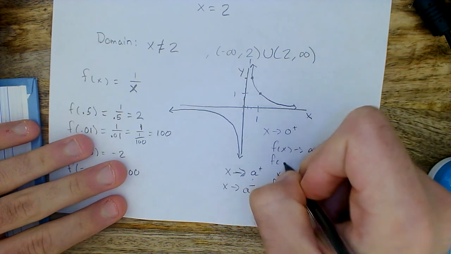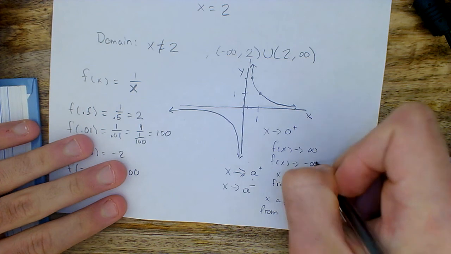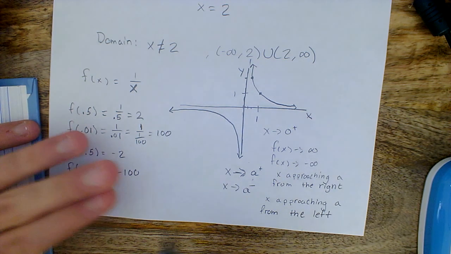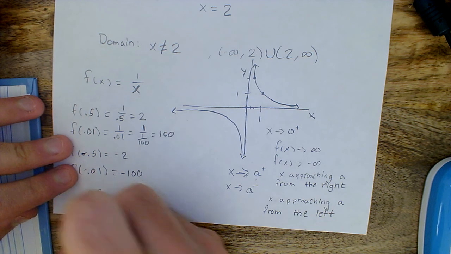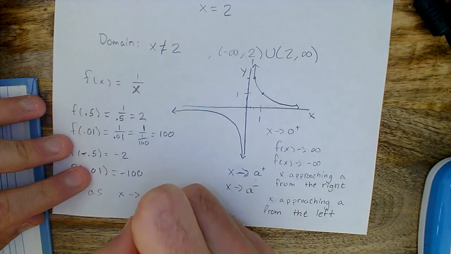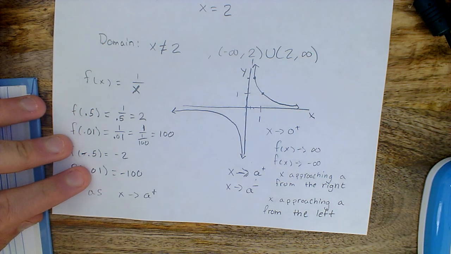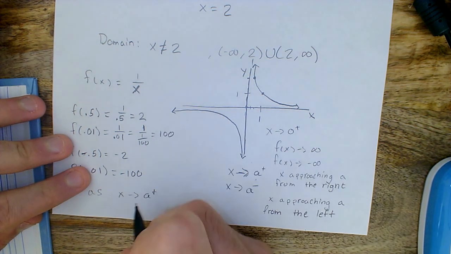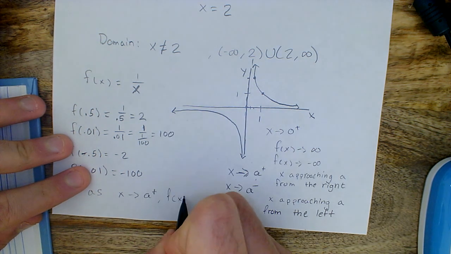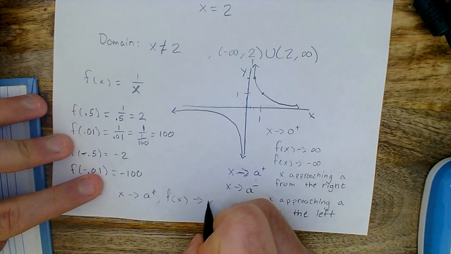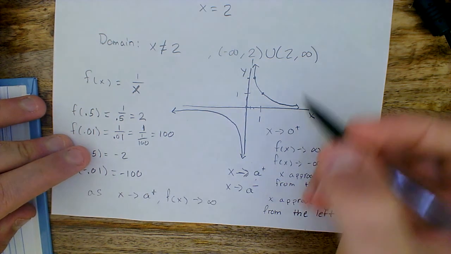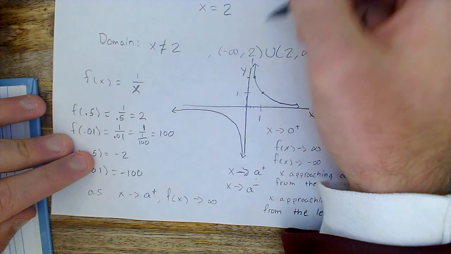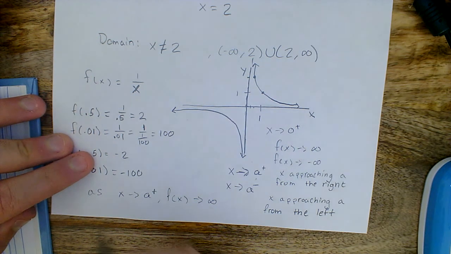Okay, so then we've already seen what f of x goes to infinity, or f of x goes to negative infinity. So in this example, I would say as x approaches 0 from the right, our function f of x approaches positive infinity, because as x gets closer and closer to 0, f of x shoots up towards infinity.